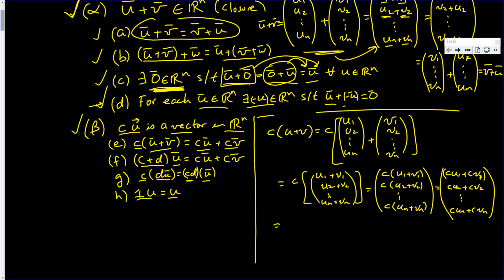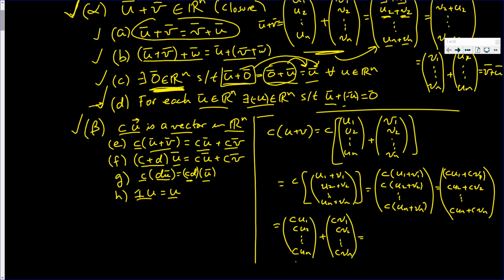But that's nothing more than cu1, cu2, all the way down to cun, plus cv1, cv2, all the way down to cvn.